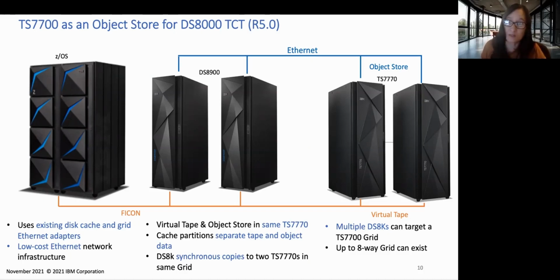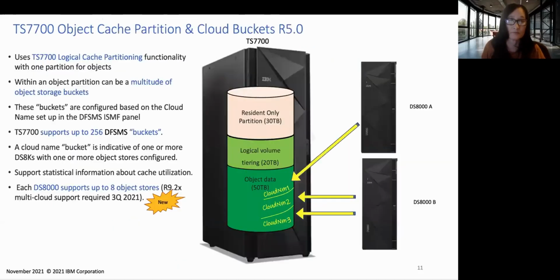And these systems can be a standalone 7700 all the way up to an 8-way. However, a DS8000 can only target one or two of those 7700s in your grid, and that's where the advanced object policy management comes into play, because now the 7700 will be the one moving that data around. So if you need more than 2 copies, we can provide that to you.